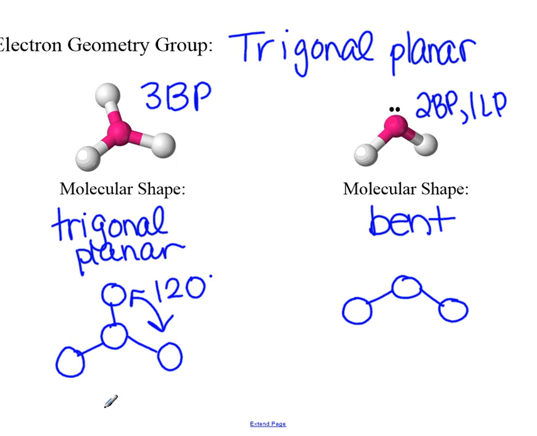Think about here, we've got all these 3 spread out 120 degrees. We're keeping the bottom 2 bonds and replacing the top bond here with a lone pair. So the bond angle in here, even though it says less than 120 to be truthful, we're just going to say it's about 120.